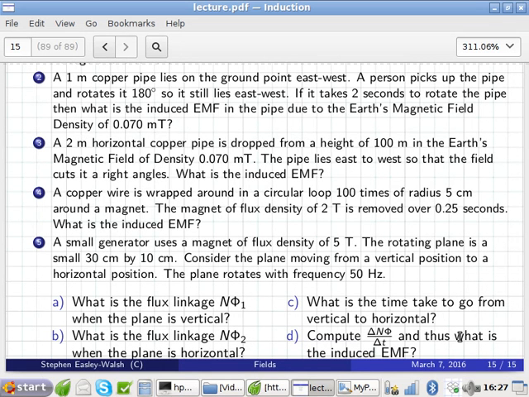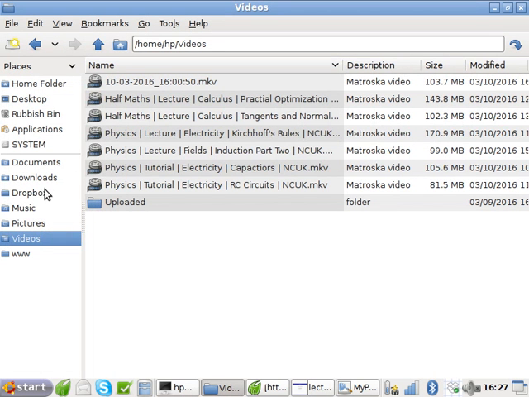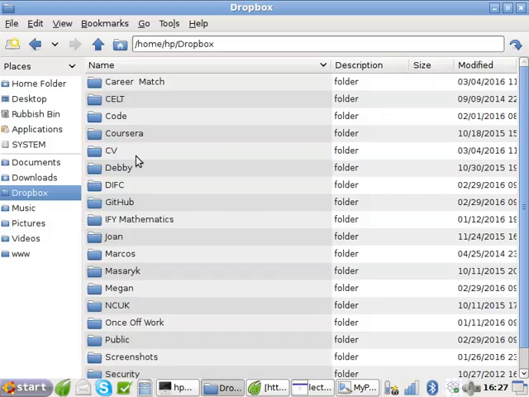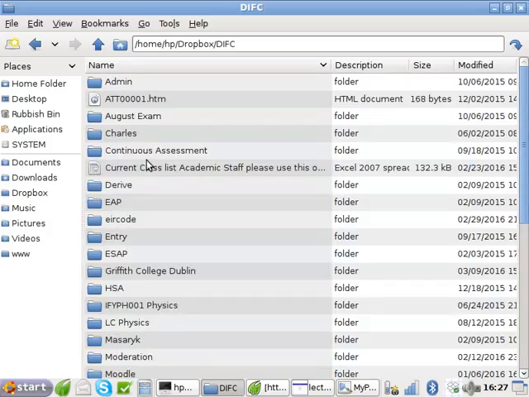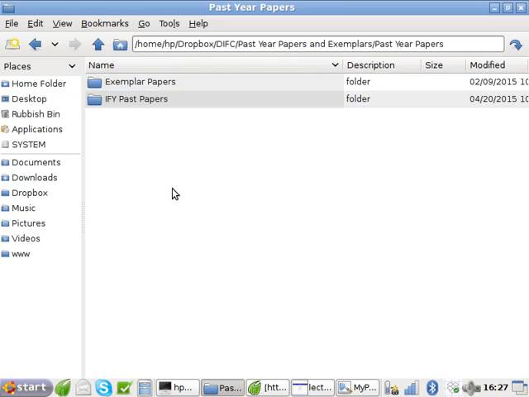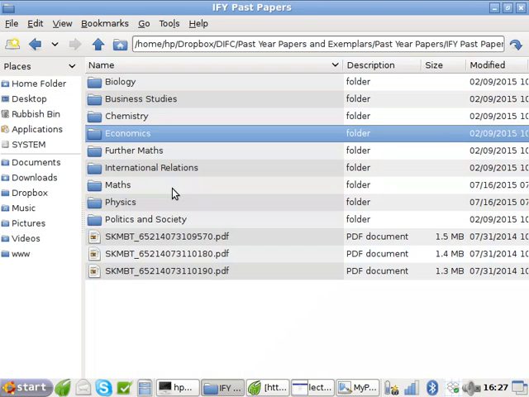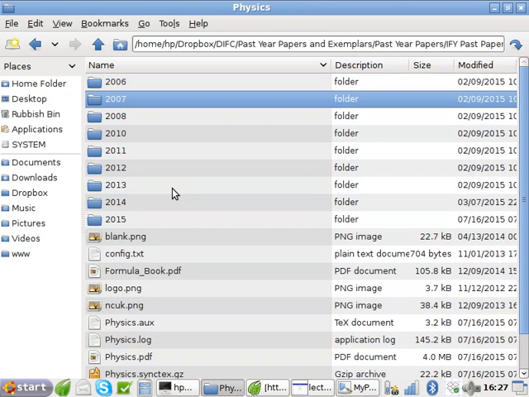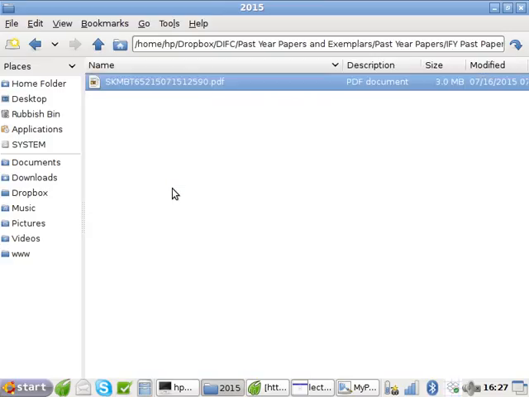Right, so what I want to do is give you an exam question. Let me think now. Let's have a look at last year's, if there was an induction question. Past papers. Well, let me just see. No, you might not have the one I am going to be looking at. So, Physics 2015.